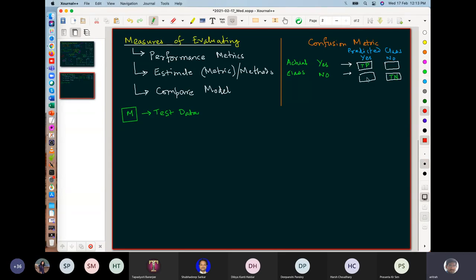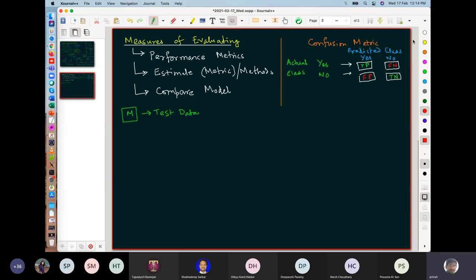The others are where I am not doing well. That means when the actual class says yes and I predict no, I am doing it badly. I will call this a false negative, because I am giving a negative answer, which is false. Here also, I am giving a positive answer where the actual class should not be positive, so it's a false positive.